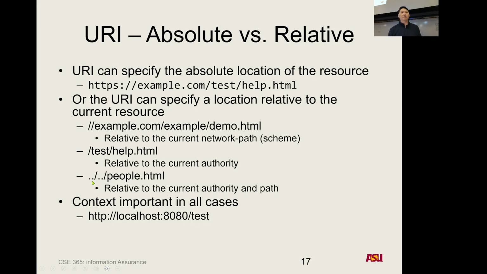Double dot slash, double dot slash. I guess so, right? Go up and go up. In this case, back to the parent directory and the parent directory. Any questions? Too easy, right? So absolute and relative URIs should be interpreted based on some context.